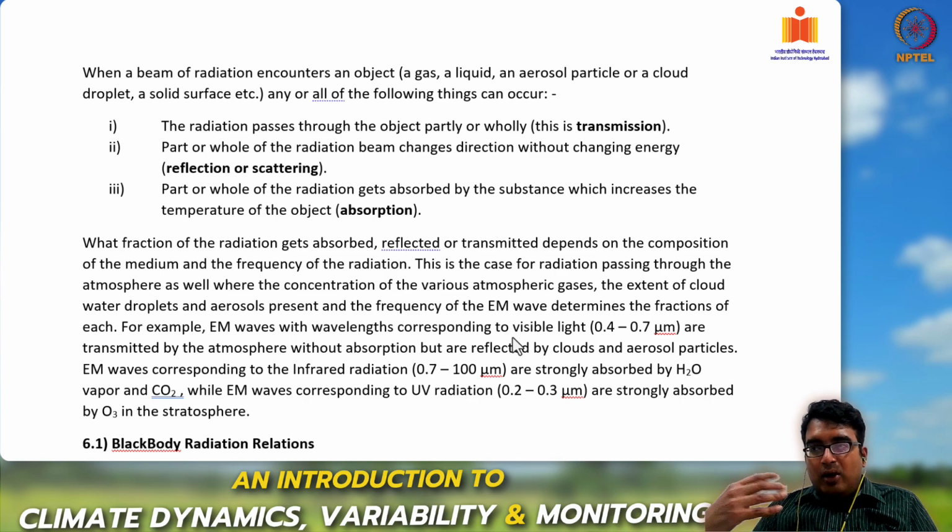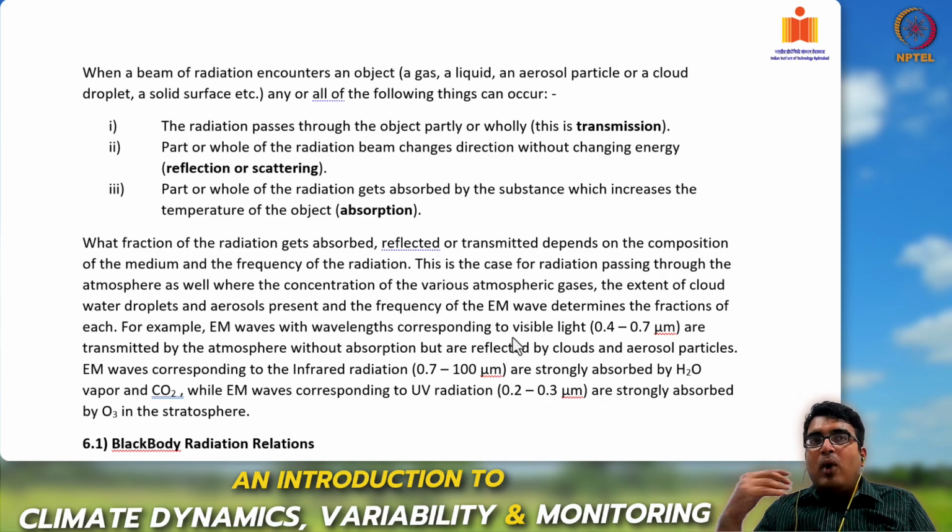Then we considered the idea that when radiation is passing through a medium, the medium may be a solid medium, a gaseous medium or a liquid medium, the radiation can have three possibilities. It can get transmitted through that medium, it can get absorbed by that medium, or it can get reflected by that medium.